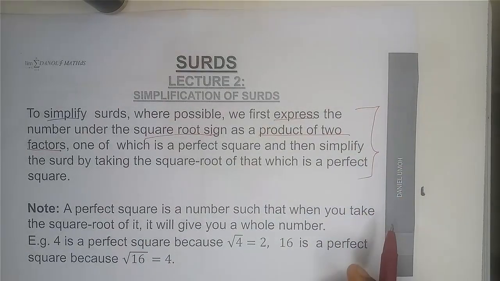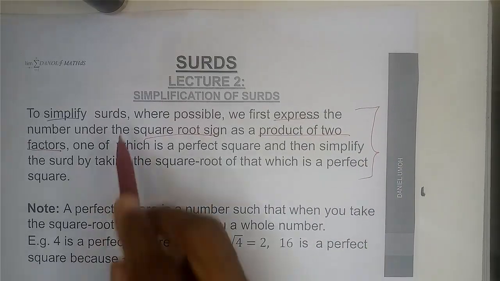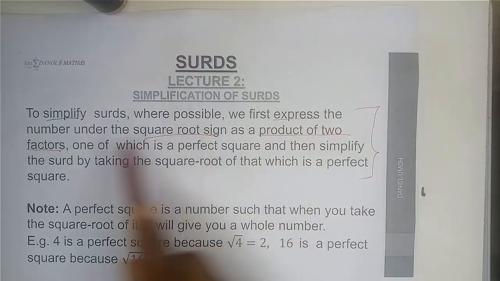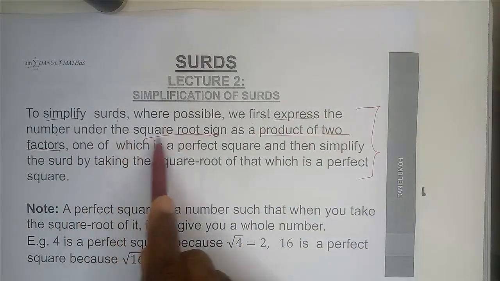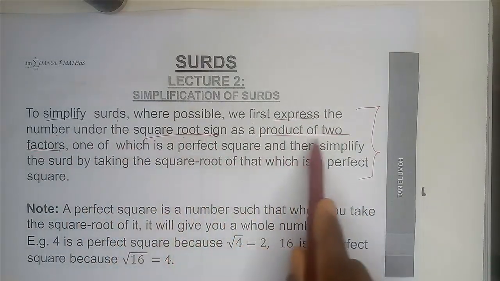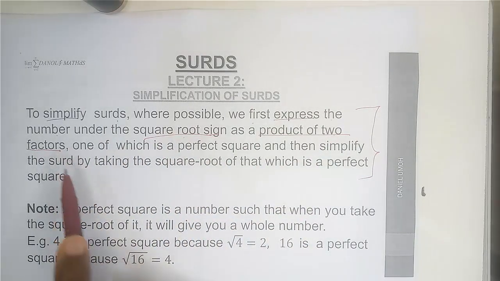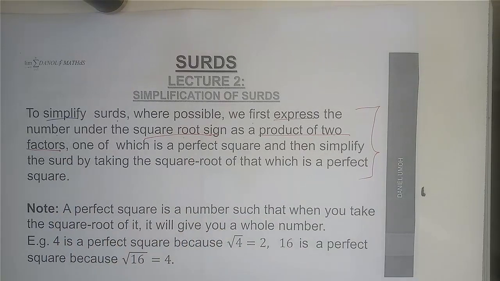I want you to understand this clearly. To simplify surds, we need to first express the number under the square root sign as a product of two factors. Then one of the factors must be a perfect square. Then we now proceed to simplify that perfect square.